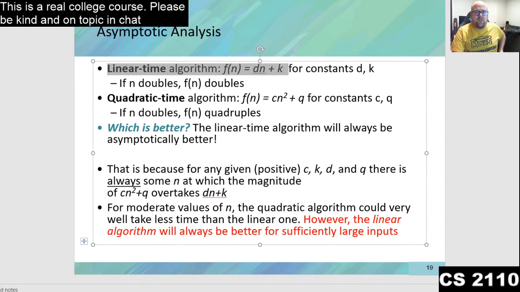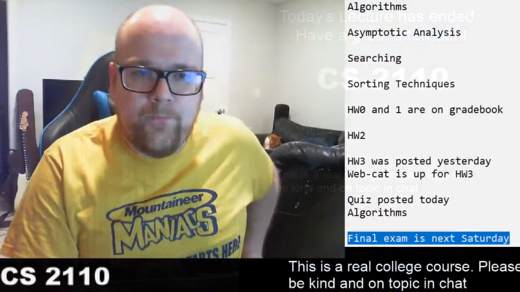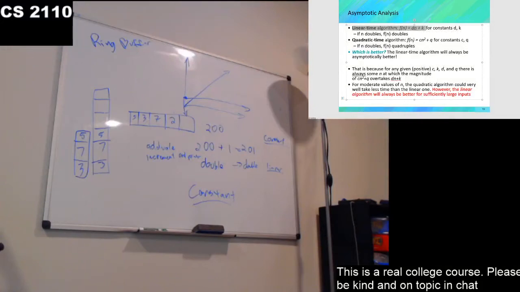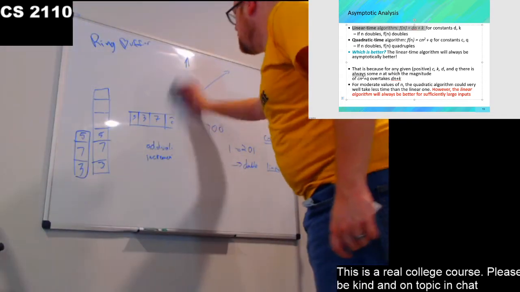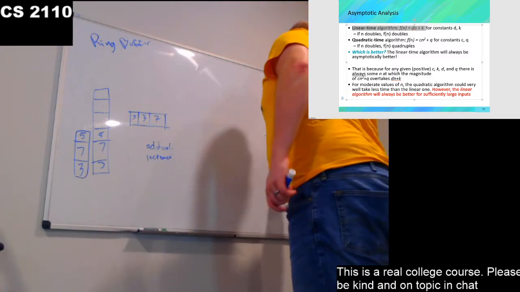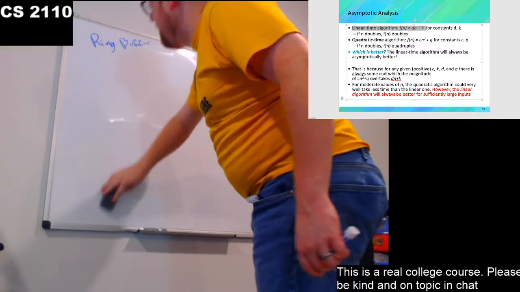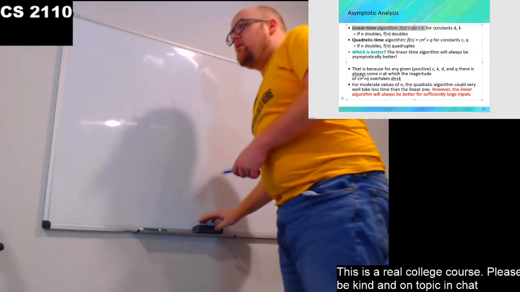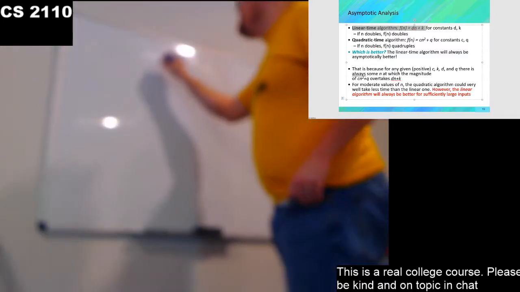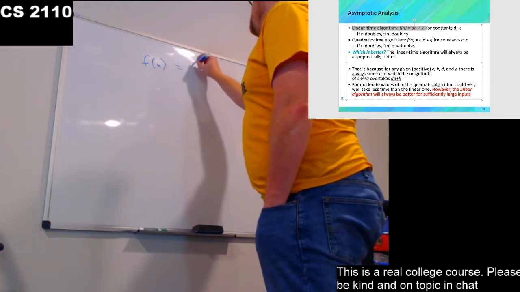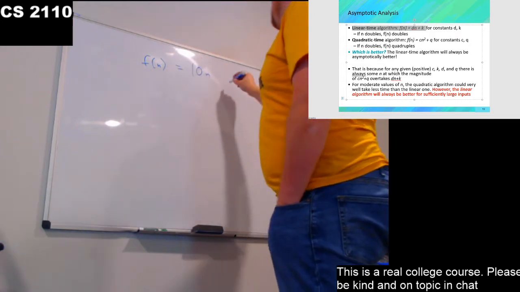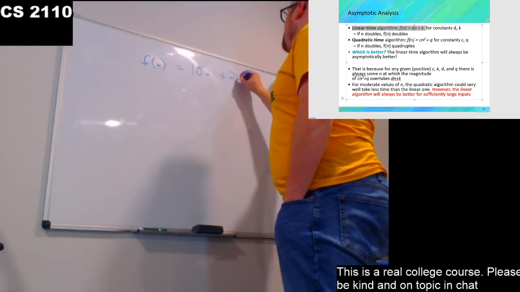Now, here's the question, though. What if we have two algorithms? I'm going to say the first one, f of n, takes 10 times n plus 20 steps.